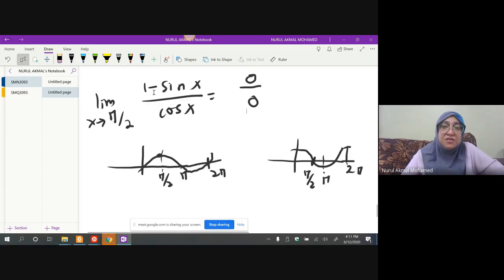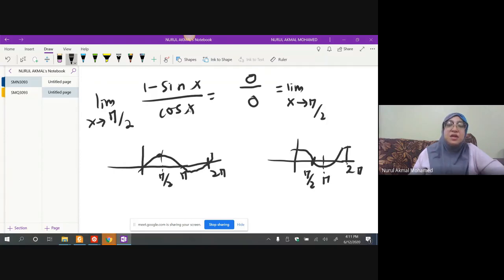And then you differentiate 1 minus sine x. Okay, you got negative cos x. So this one is equal to the limit for x tends to pi over 2. Okay, and then here you have negative cos x. You divide with the derivative of cos x. It's negative sine x.